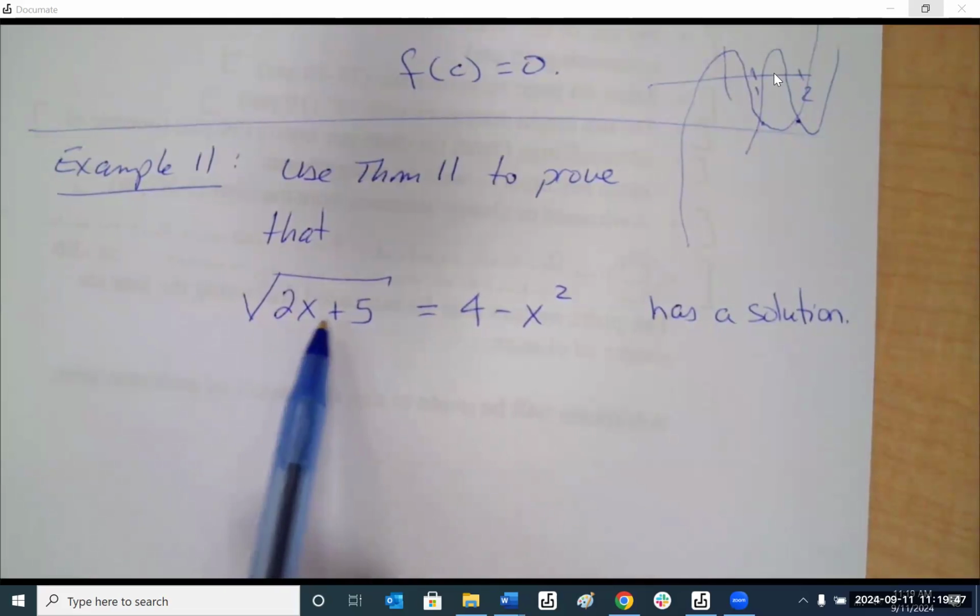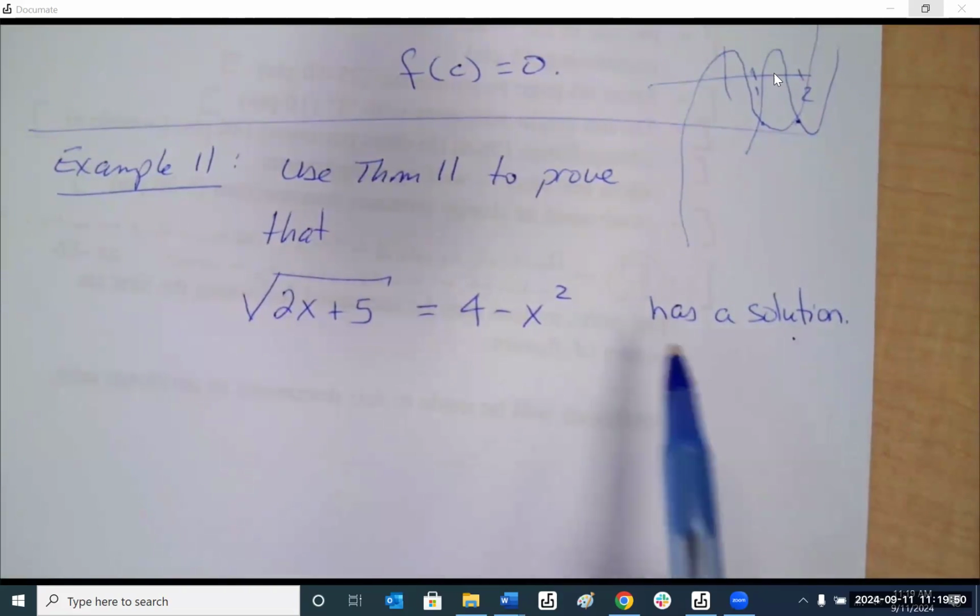Well, in this case, we have two functions. What does a solution mean when you have two functions?